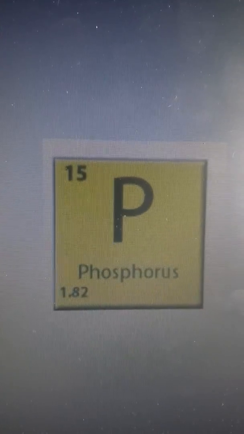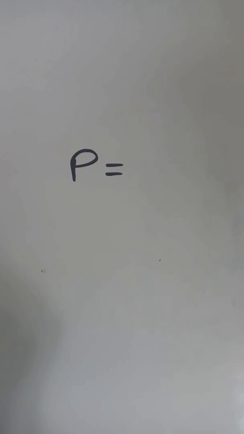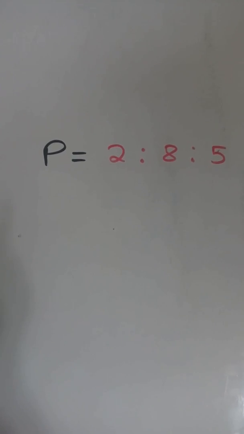Phosphorus has 15 electrons. The electronic configuration of phosphorus is 2, 8, 5.